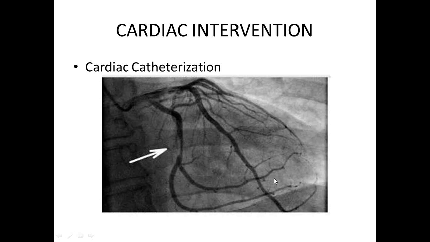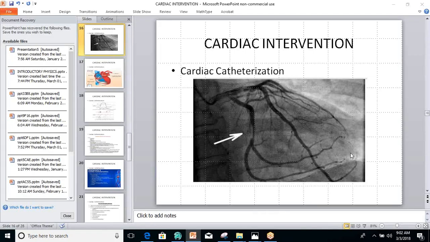And of course, there are branches of these blood vessels. But once you look here, it's like somebody bit out a piece of this blood vessel. This is where you have the obstruction, the narrowing. So this is a significant narrowing, and we would intervene if the patient is having symptoms.